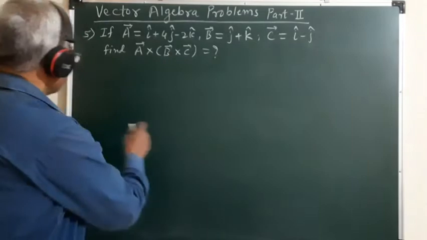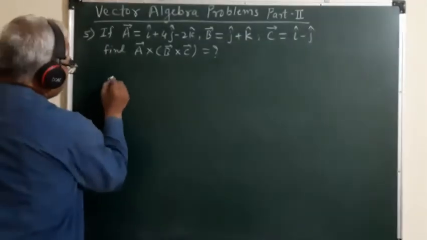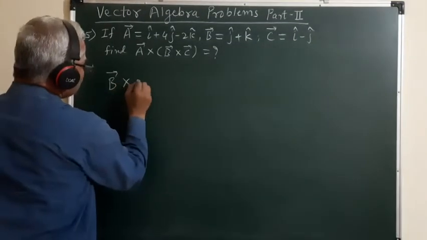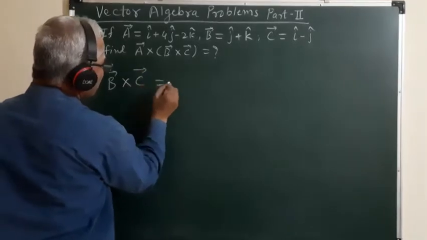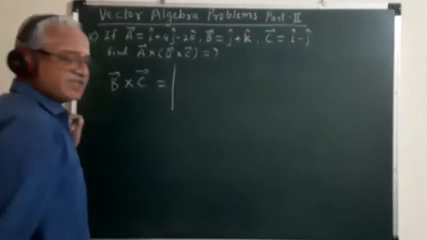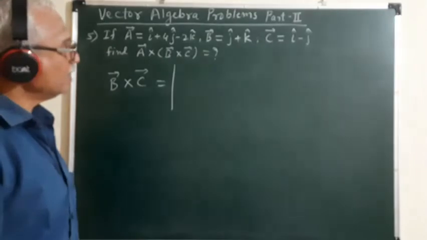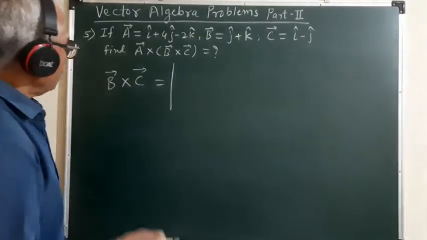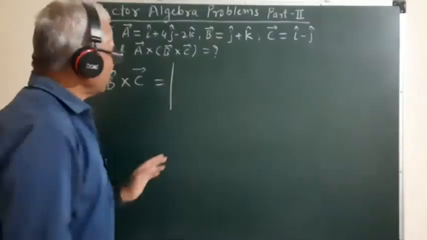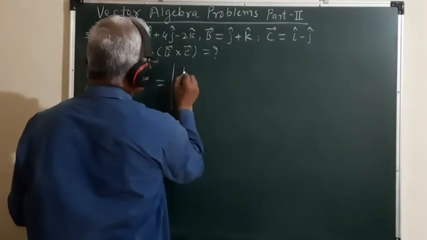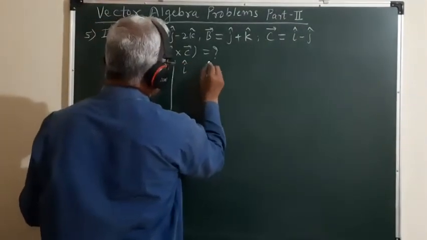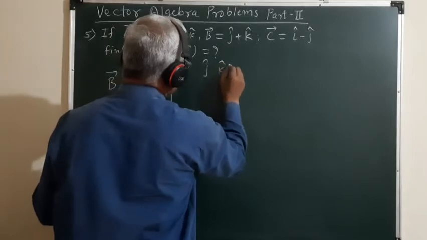cross c bar. As we know that the cross product of the 2 vectors, say b bar and c bar, is expressed in the form of a determinant. The first row of the determinant constitutes the unit vectors i, j, k.